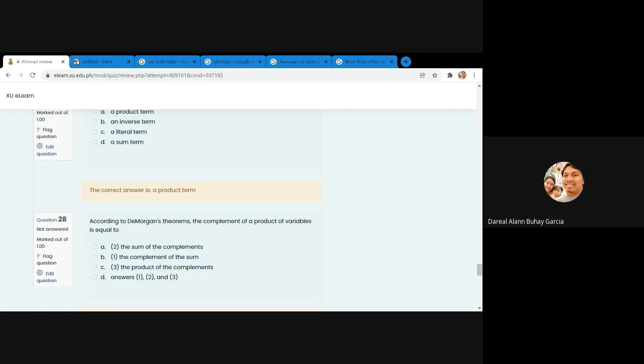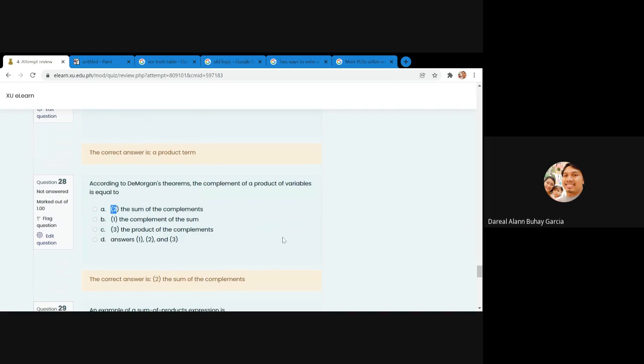The complement of a product is equal to the sum of the complements. So the sum of complements is different from the sum. I think A, or 2. Yes, so correct: the sum of complements.